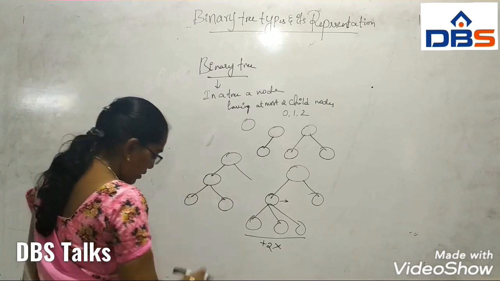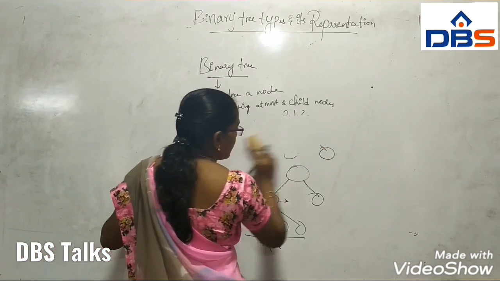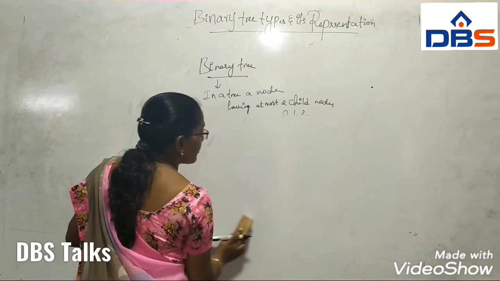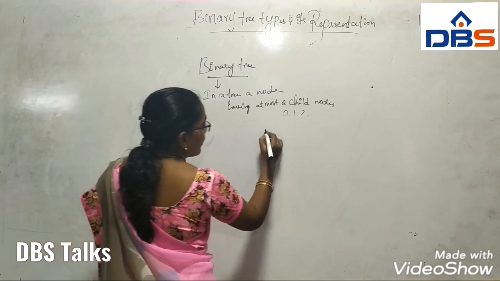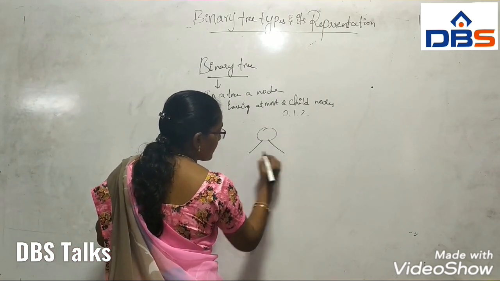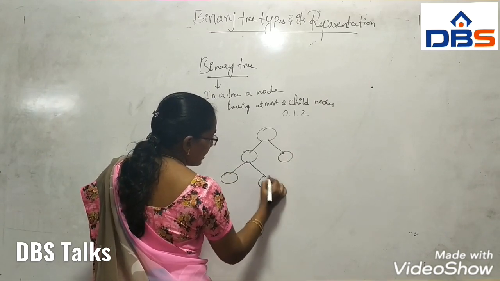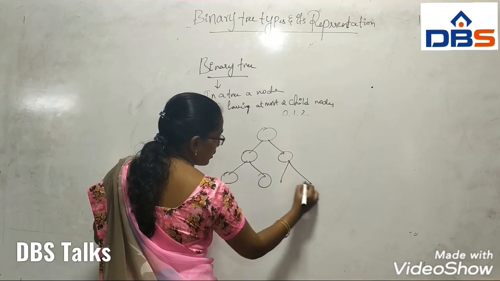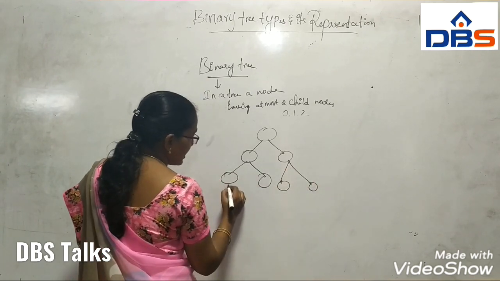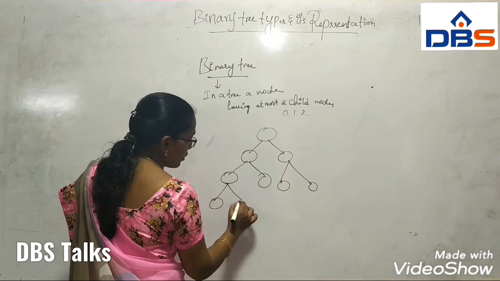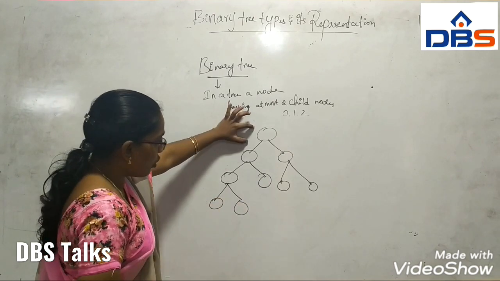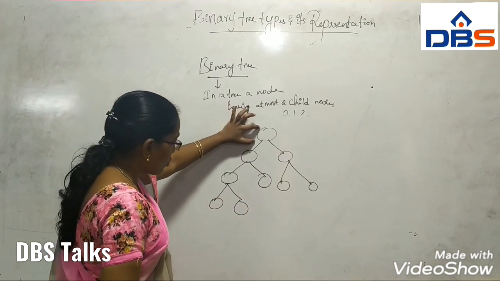Let us take an example. Suppose it is a binary tree. Let us see whether it is satisfying the condition or not. This is a node, and as you all know, this is the root node.